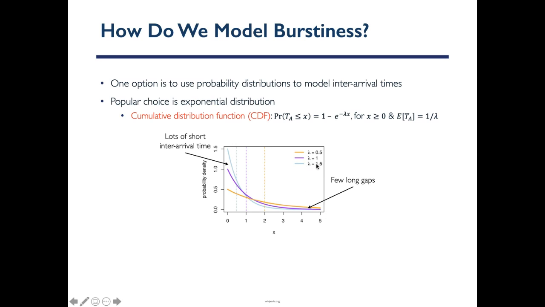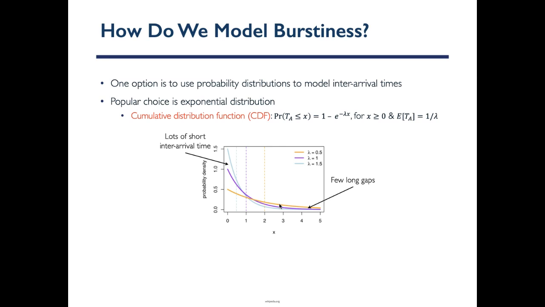And I have this graph here for different averages. Now, what you can see here is that if x is small, so for bursty arrivals, you want the time between arrivals to be small. So the first one comes and then immediately the second one comes.